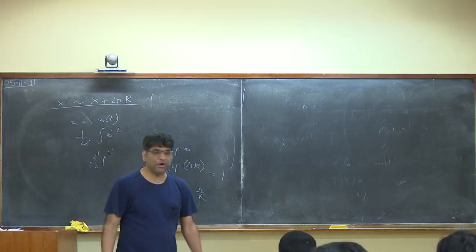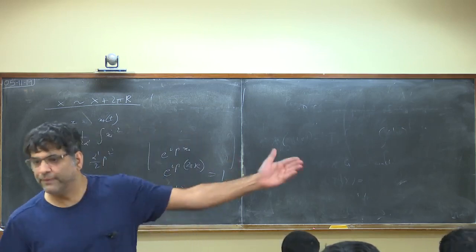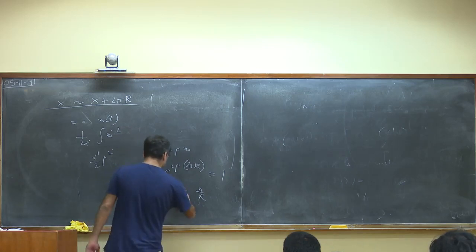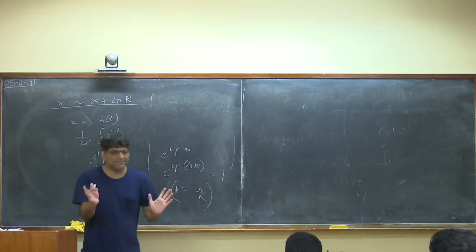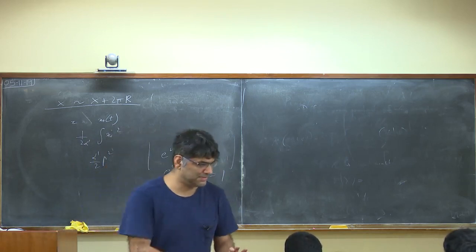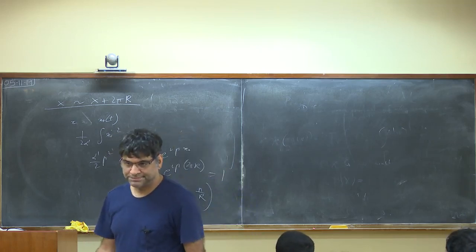So the obvious modification in the zero mode sector is that the continuum of momenta that were previously there is replaced by the following discretum: p is n by r. This is the same thing that would happen if we were looking at a particle propagating on a circle. It's not very new.